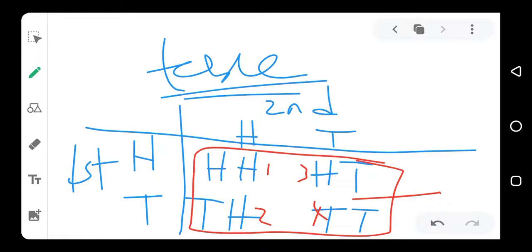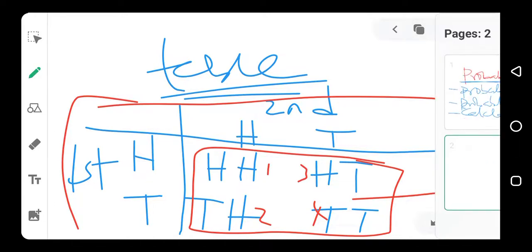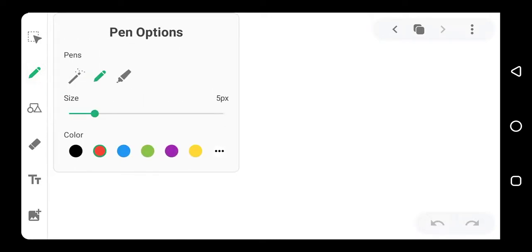This is now the probability diagram for tossing a coin 2 times, or for tossing two coins together. This is the probability table. The same way, if we roll 2 dice together, see how we create the probability table.